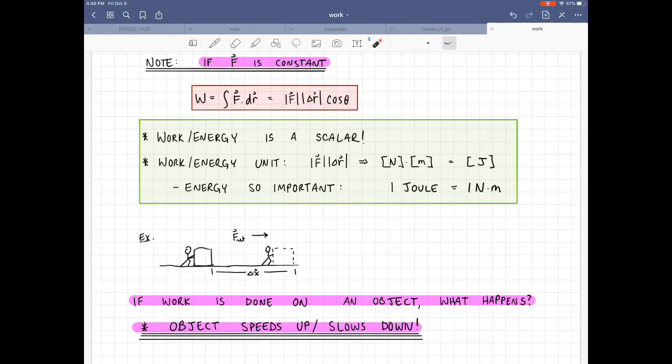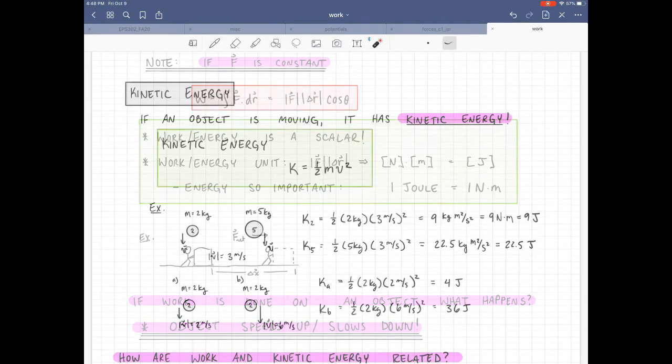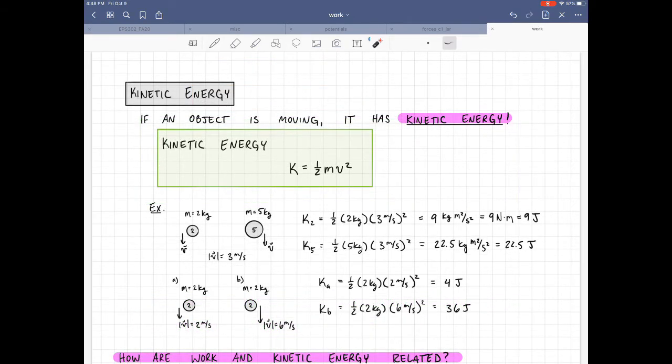Well, the object speeds up or slows down. In this particular example, the net force is to the right, and let's say that this block just starts at rest. Net force to the right, the object's going to be speeding up as we move to the right.